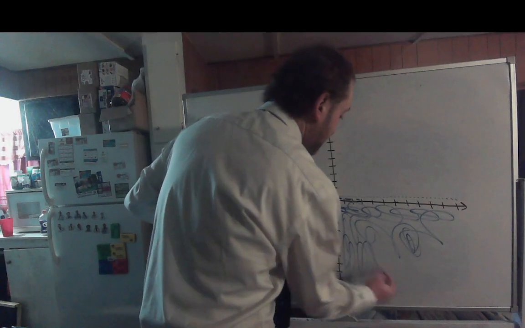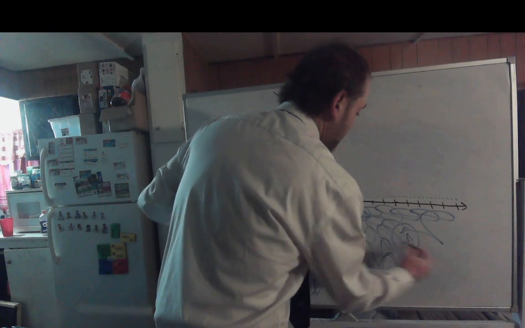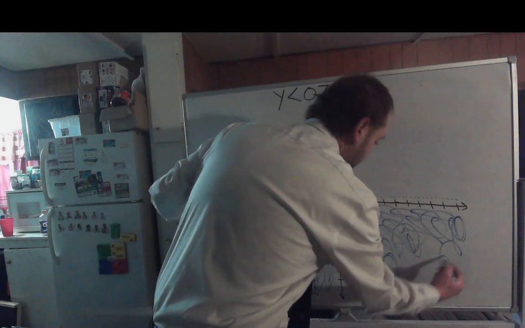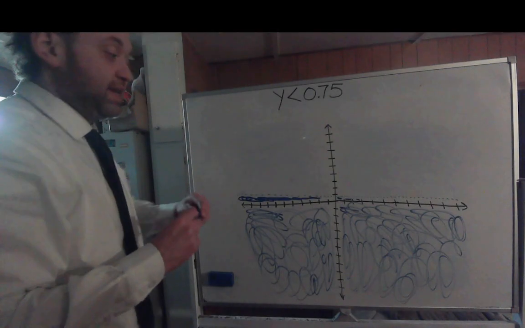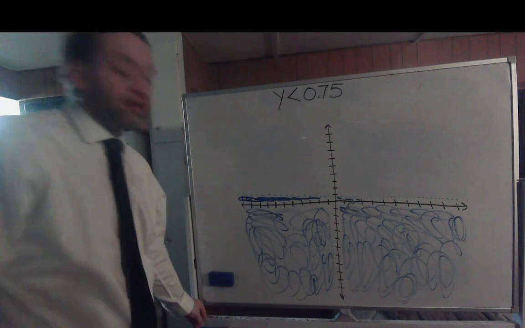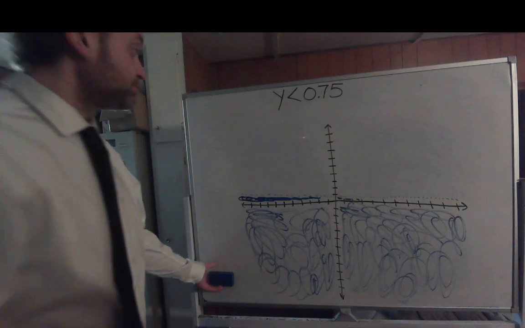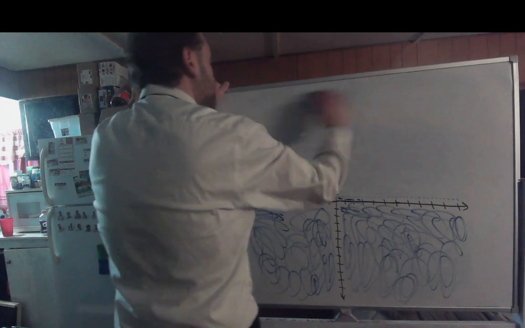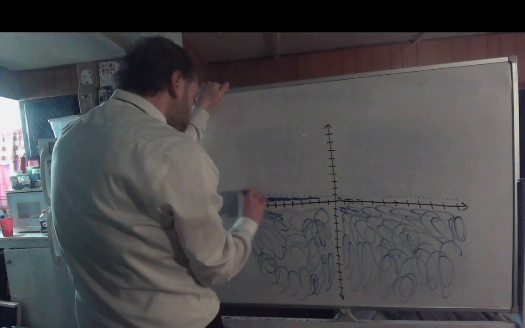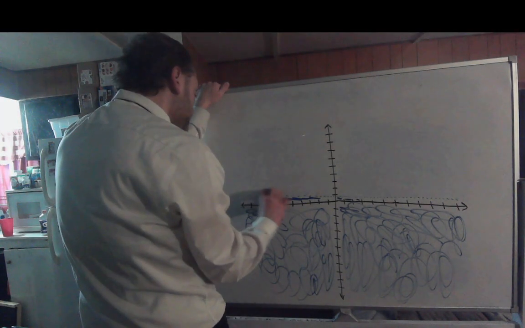So I'm shading everything below the dotted line at y equals 0.75. That would denote that y is less than 0.75. Alright, so now we're going to get into two variable inequalities.